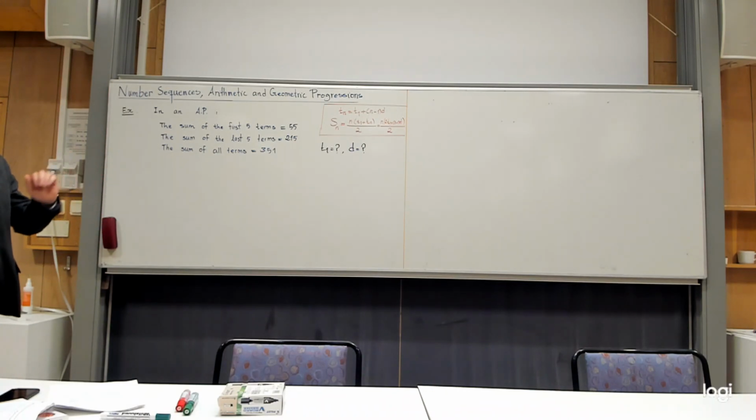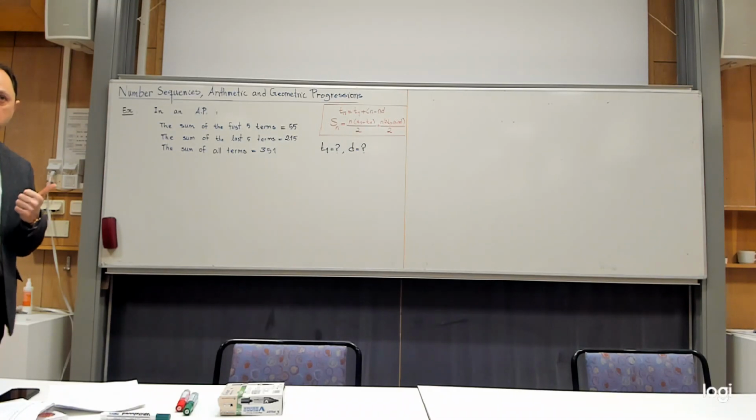But how many unknowns do you have? How many? 2. No. 2 of them are demanded, but there is also one hidden one. What is that? The number of terms, yes? So it is 3 unknowns in 3 equations, that's it.